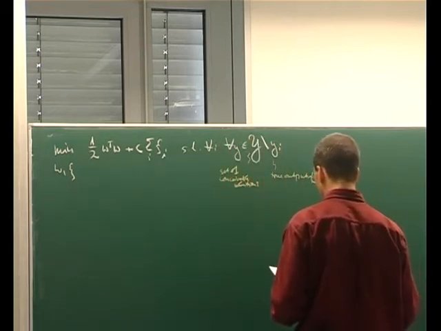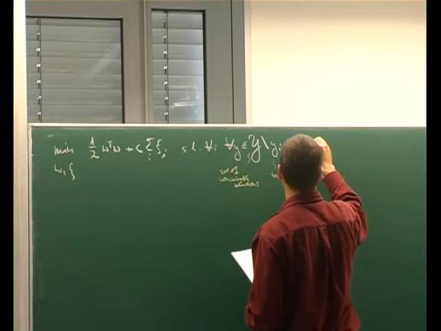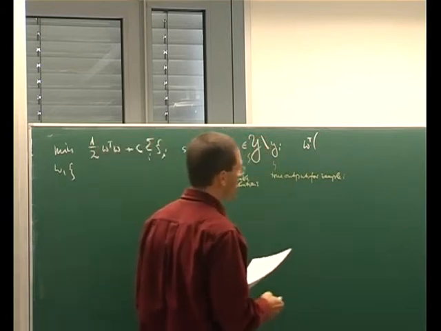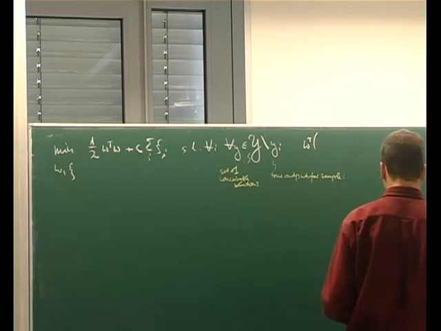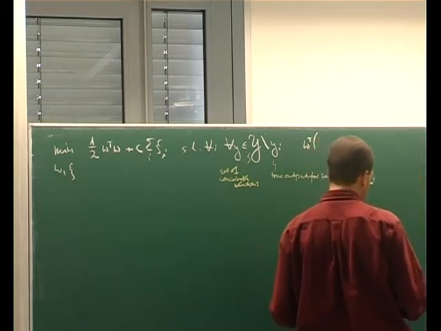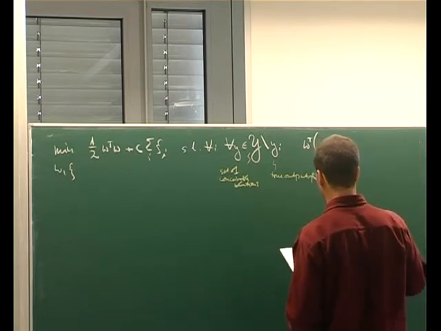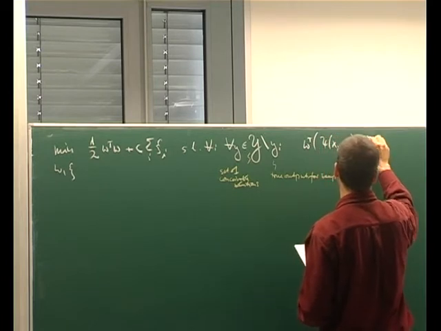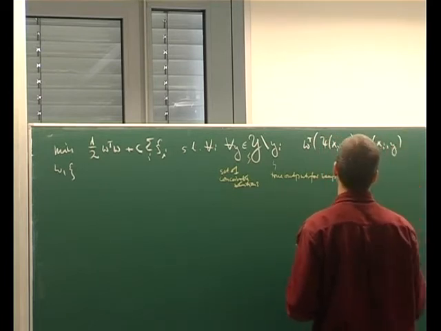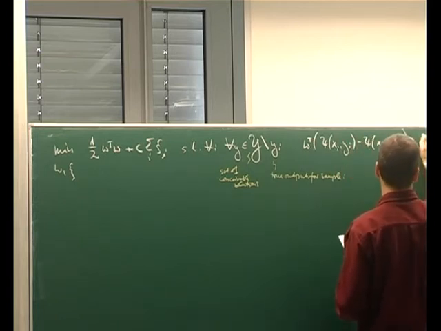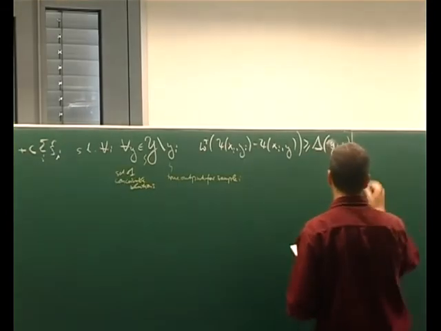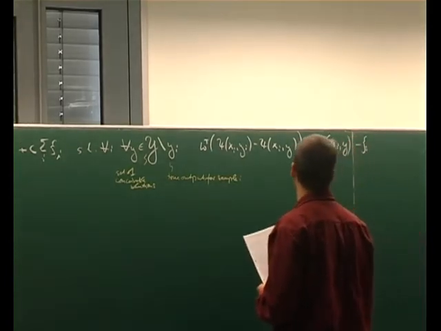And for all of these, we request that the score difference between the true solution and the best false solution, or any false solution, is greater than the desired loss. So what does this say?